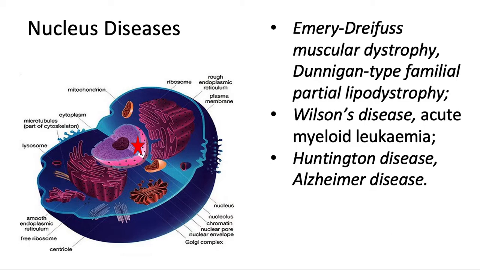The functions also imply control of protein and enzyme synthesis, control of cell division and cell growth, storage of DNA, RNA, and ribosomes, regulation of the transcription of mRNA to protein, and production of ribosomes. The stresses and the injury can affect the nucleus, and the functional status of cells can change. There are several examples of nucleus diseases.